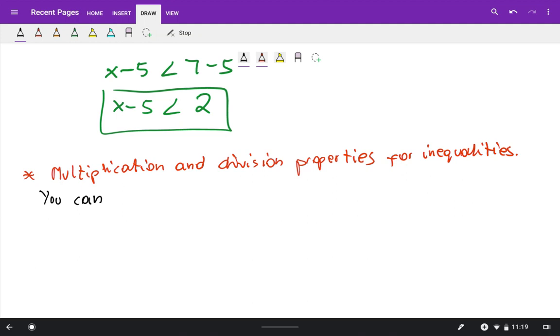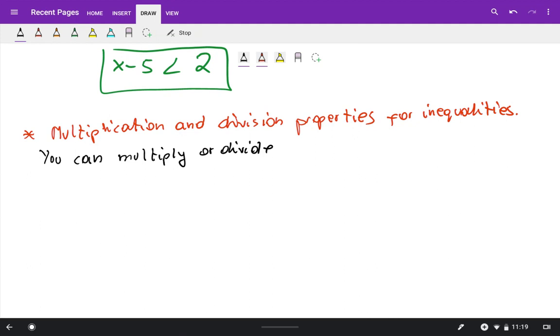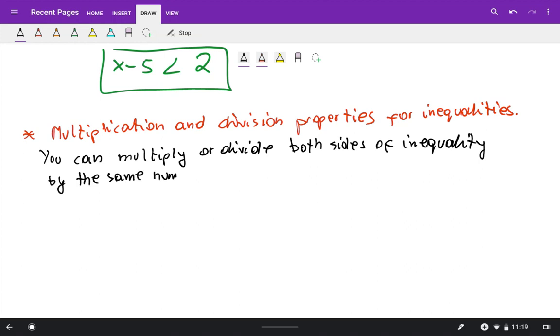You can multiply or divide both sides of an inequality by the same number by following this.